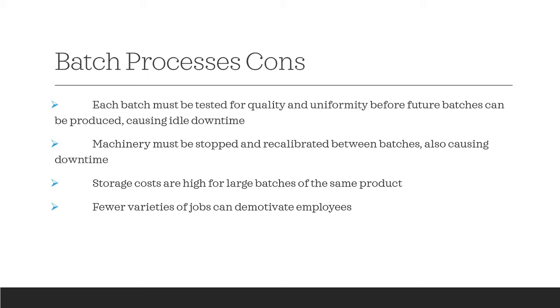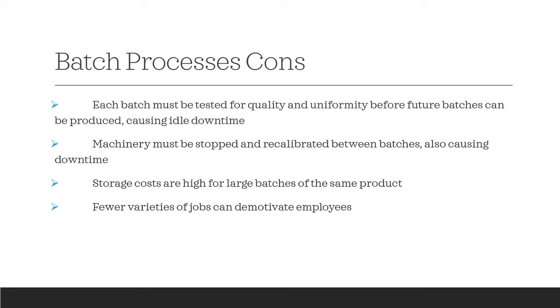With the machines being stopped and recalibrated, since it's not like continuous where you can shut something off and the process still goes, you shut this down, you shut the whole thing down.